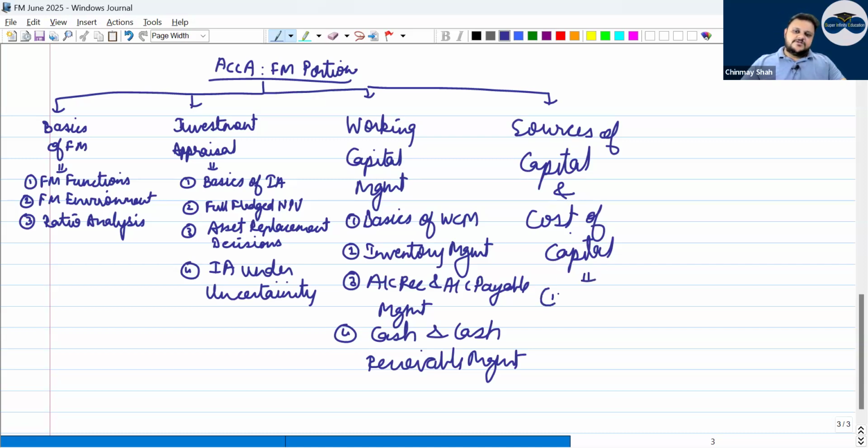Here you have 2 chapters, or those are only names of the 2 chapters, and one more you could add, dividend policy. These are the 3 parts of the portion of sources of capital, cost of capital, and dividend policy.